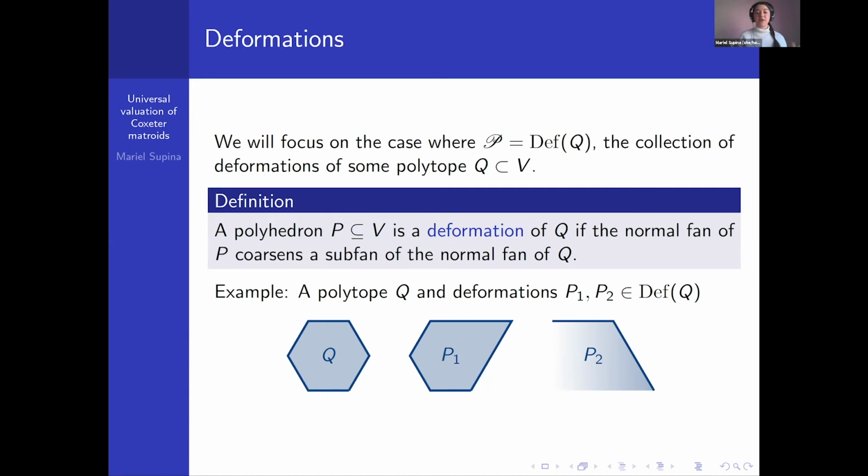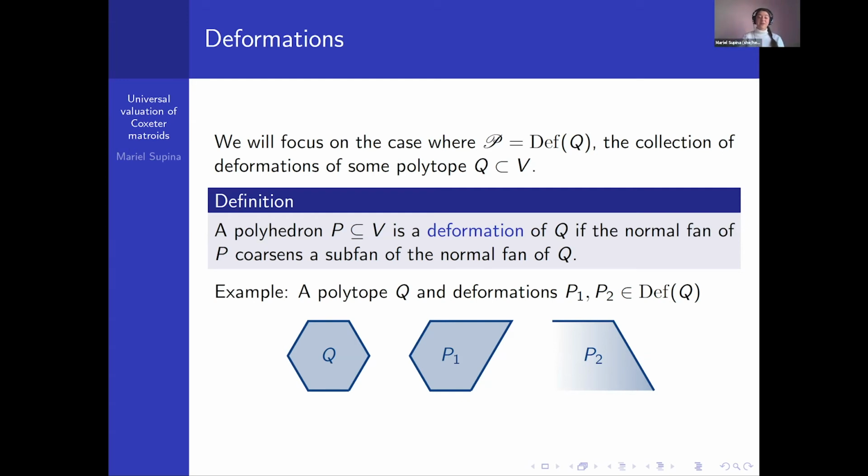If you aren't familiar with this, then alternatively, you can think of taking the facets of Q, the codimension 1 faces, and sliding them along their normals, and that gives you a deformation.